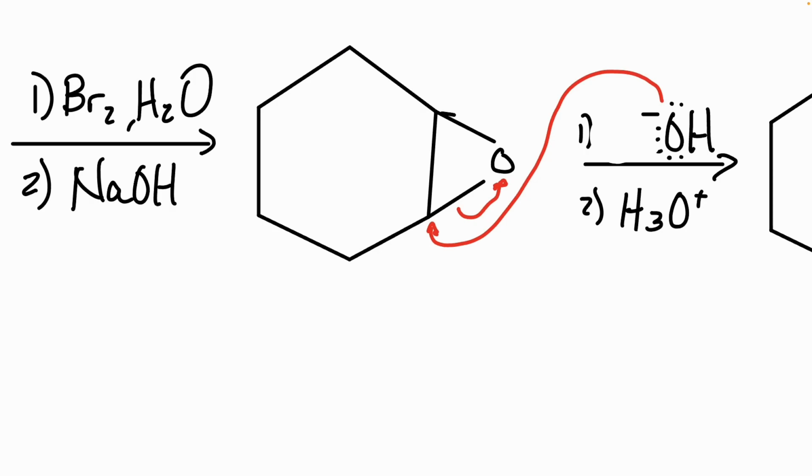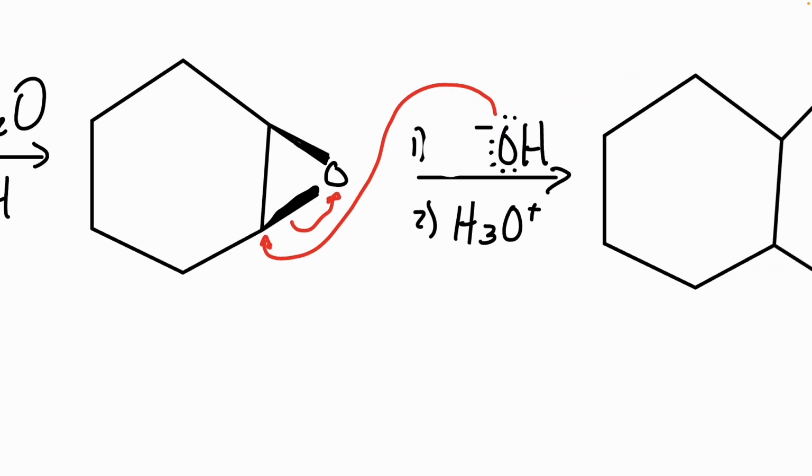Instead, I will have to put them both on wedges or both on dashes, right? It can't be that one bond is pointing up from the ring and the other bond is pointed down on the ring and somehow bound to the same oxygen. They have to be pointing in the same direction in order to be bound to that same oxygen.